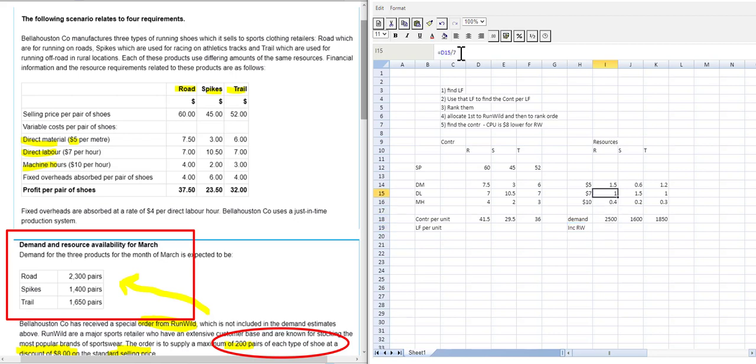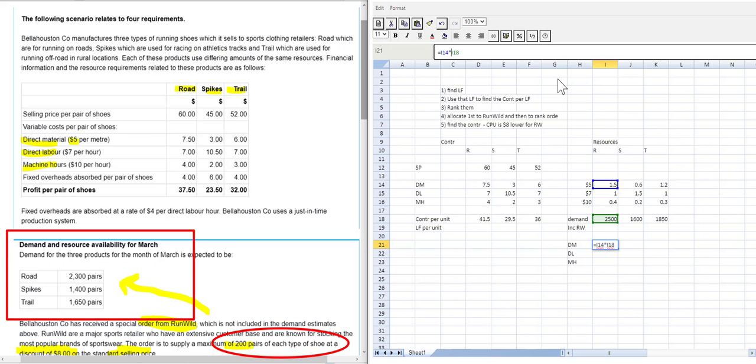And therefore, for the resources that we require, we need to simply multiply the demand by the resources required per unit. So it's going to be 1.5 times that figure. And if you fix now the green figure with $1, you can copy that down.